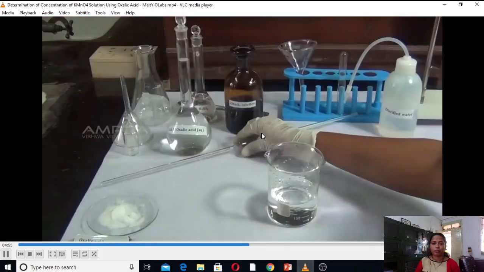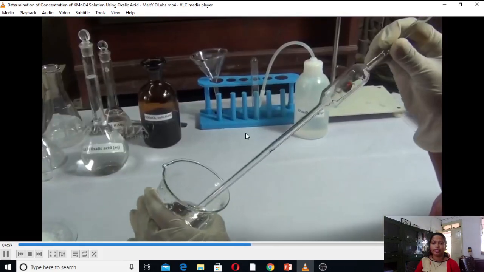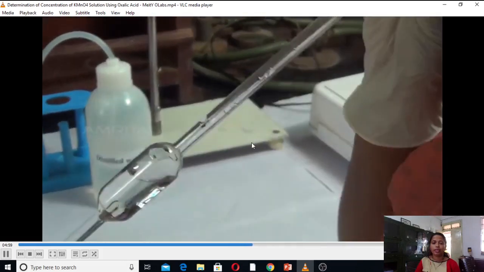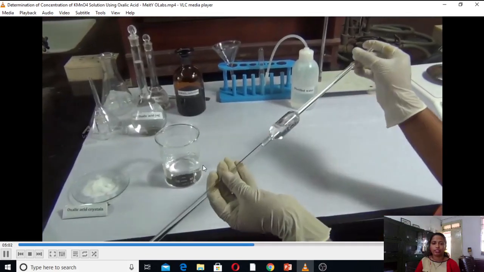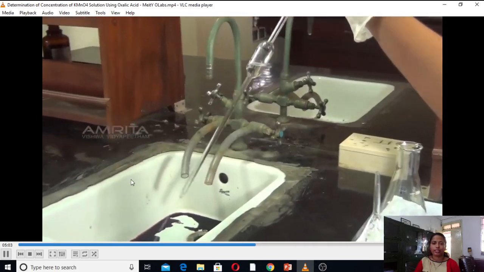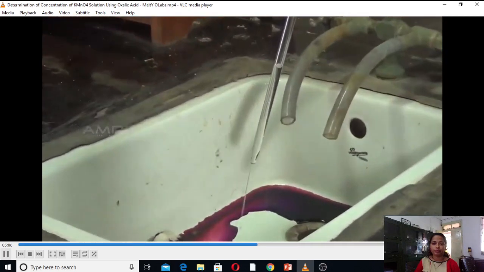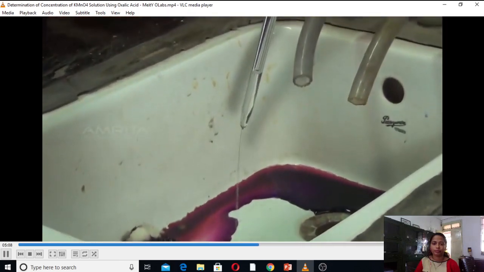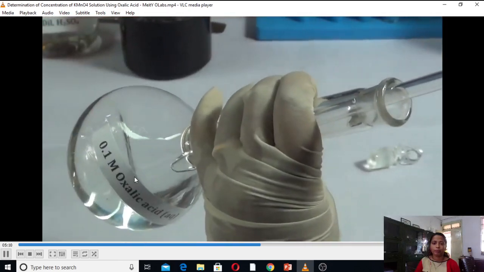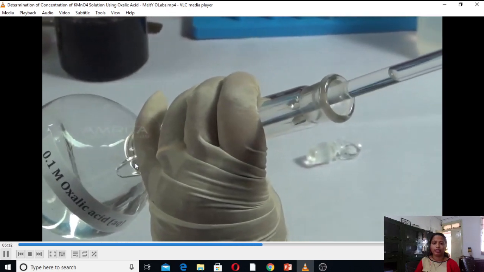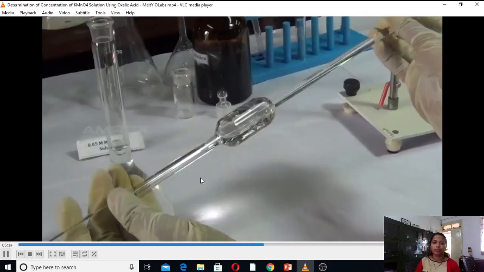This is the potassium permanganate. Take the pipette, rinse the pipette with the standard oxalic acid solution, and pipette the oxalic acid solution and transfer it into the conical flask.